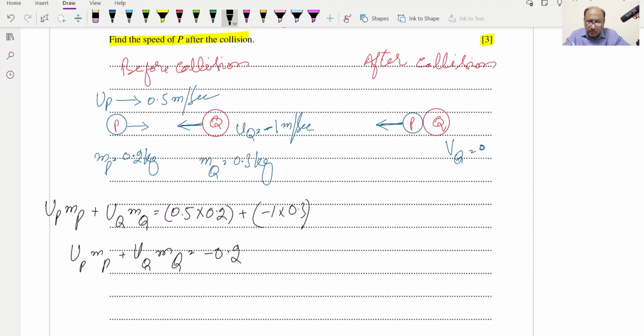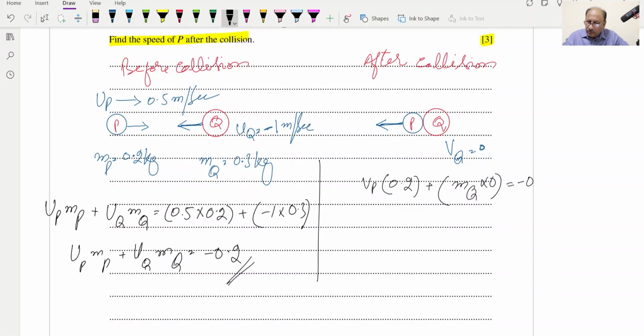Now we can calculate momentum after collision. So after collision it will be VP into mass, which is 0.2, plus mass of Q multiplied by velocity, which is 0. This will be equal to momentum before collision, which we have calculated as minus 0.2.